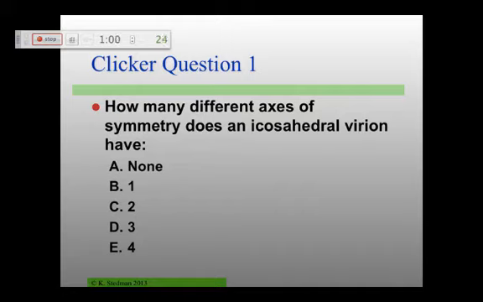This is supposed to not be your own individual thing. Ten seconds if you haven't voted yet.